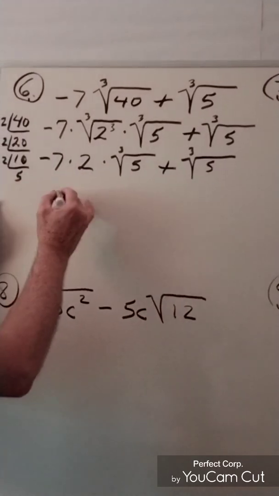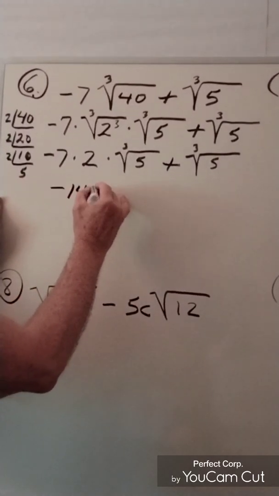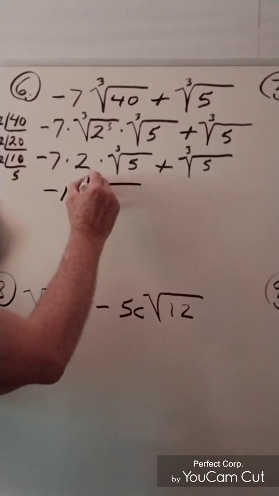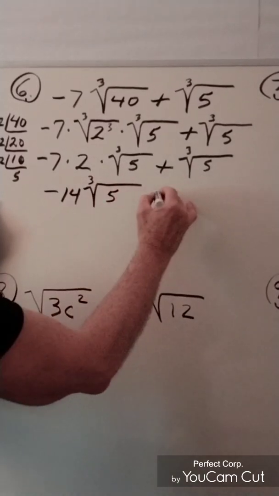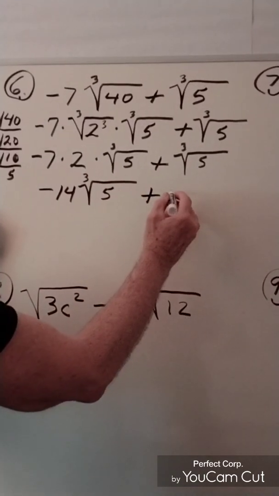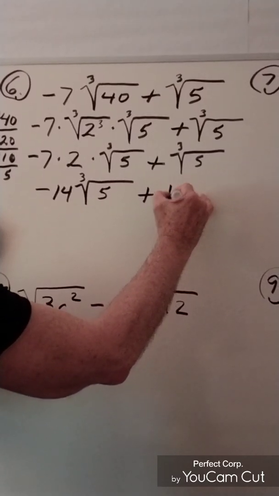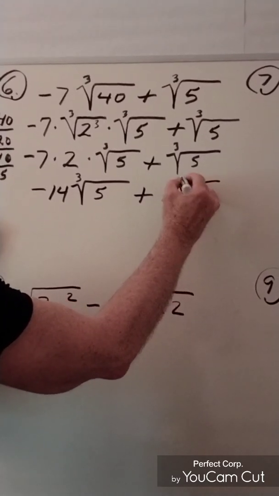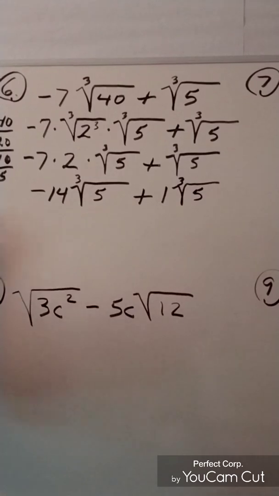Negative 7 times 2, negative 14 multiplied by the cubed root of 5 plus, this might not hurt, plus 1 multiplied by the cubed root of 5.